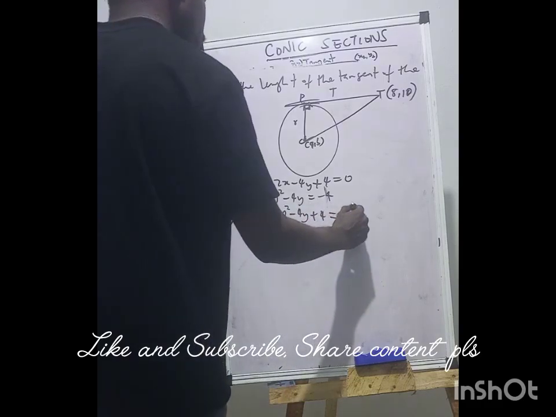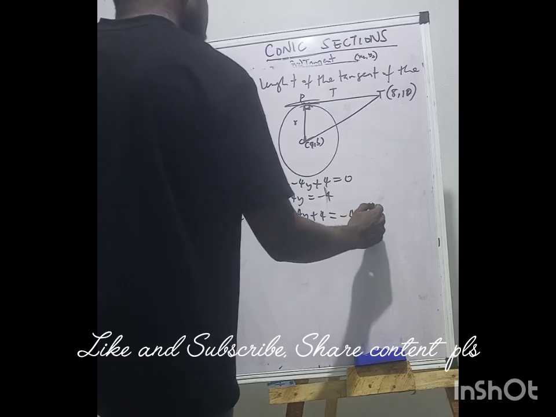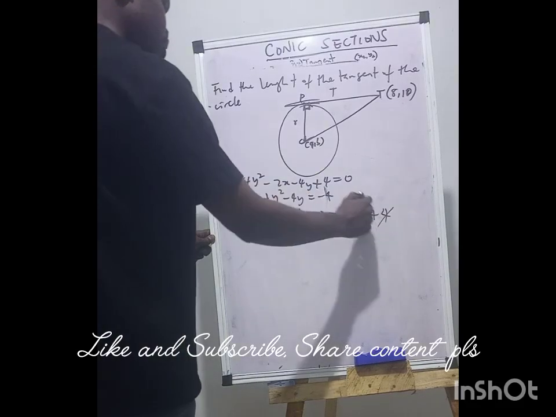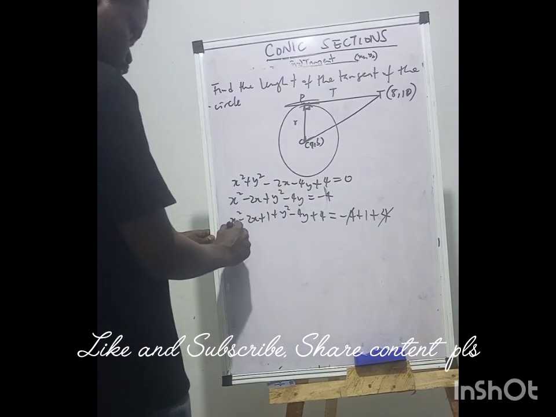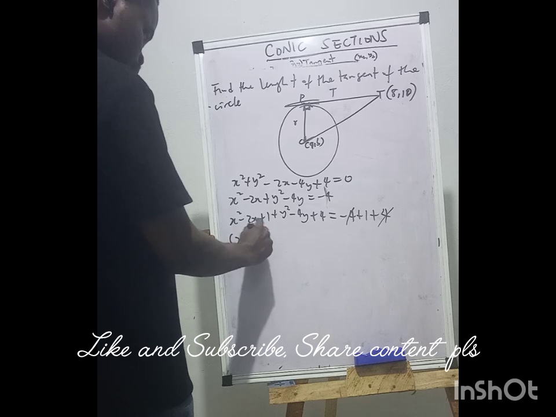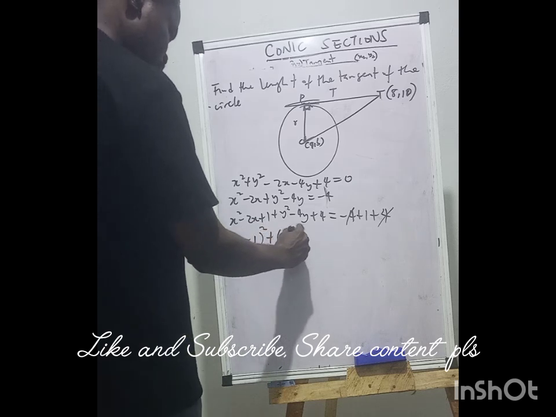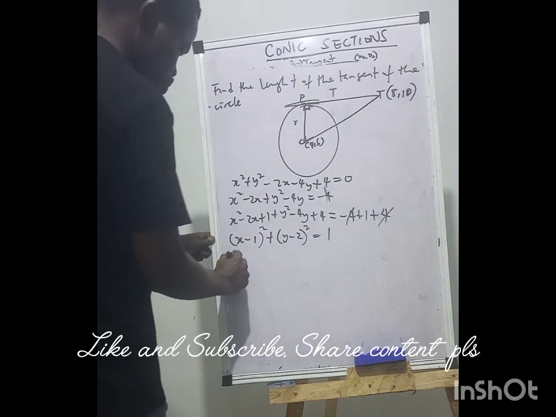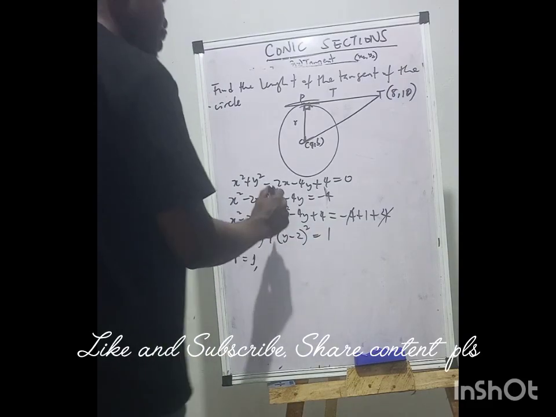So we have minus 4 plus 1 plus 4. The 4s cancel each other, so it gives us 1. What this means is that x minus 1 squared plus y minus 2 squared is equal to 1.